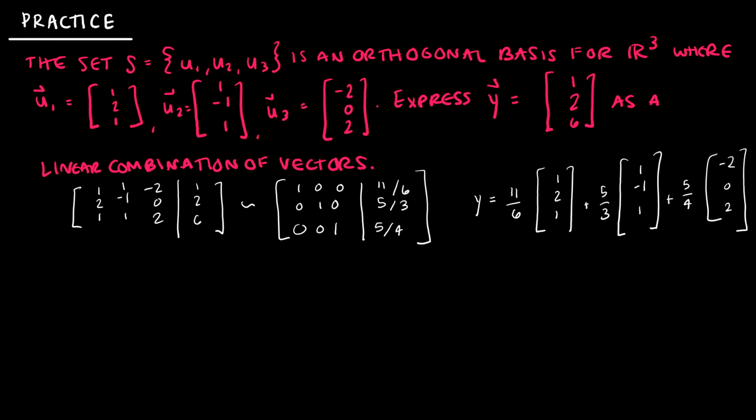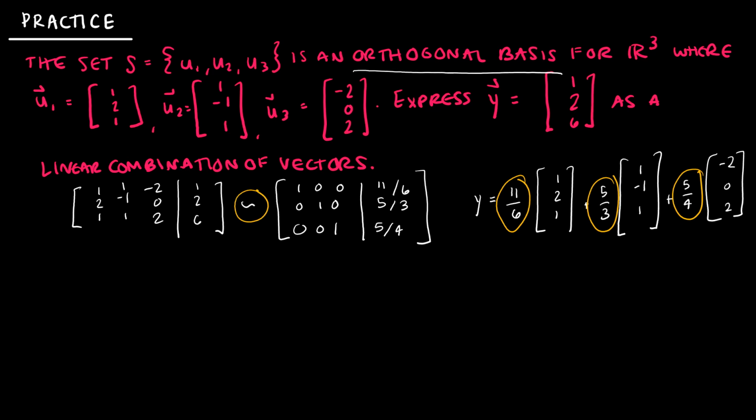Okay, so up to this point, that's what we would have done, and that's what we would continue to do if we weren't dealing with an orthogonal basis. So we're dealing with this theorem that says, hey, bonus, if you have an orthogonal basis, let's instead use this formula that says we can find these weights that we would find using all of the row operations, which obviously I didn't show.